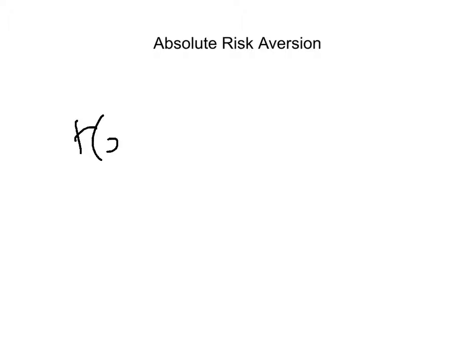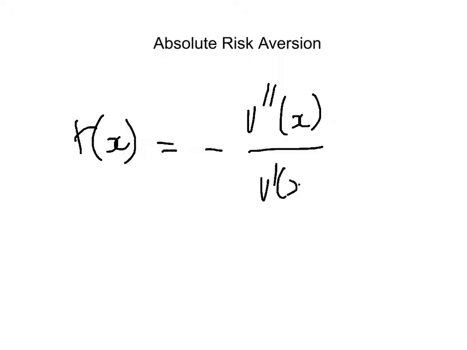Absolute risk aversion is simply the ratio of the second order derivative of the utility function over the first order derivative of the utility function. And the reason that we divide here by u prime is simply to make this ratio invariant to positive linear transformations of the utility function.